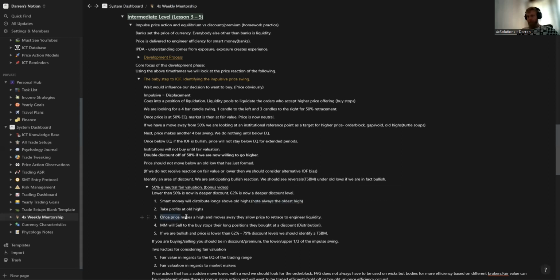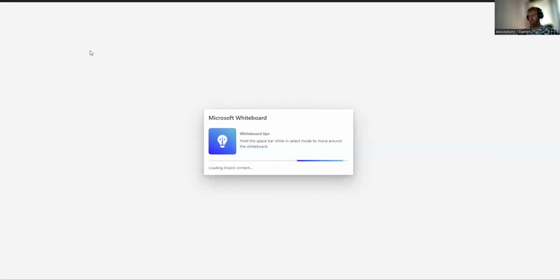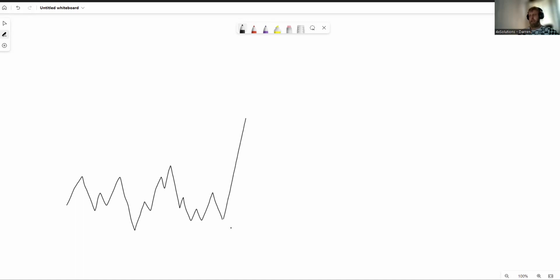Once price makes a high and moves away, they will allow price to retrace to engineer new liquidity. So if we think about how that works, let's say price is consolidating over here, something like this, not so easy to see, and price decides to trade higher like this.